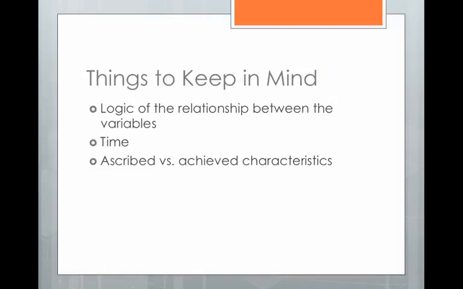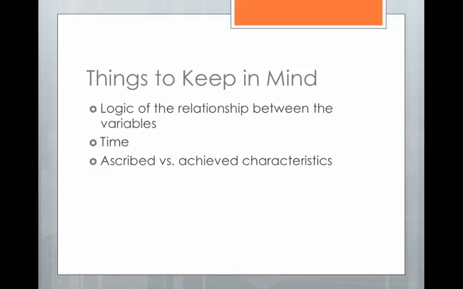And then lastly is something that we can think about: ascribed or achieved characteristics. So ascribed characteristics are those things that you're kind of born with or that have always been in existence. And achieved characteristics are those things that you achieve, that you earn. So ascribed characteristics are things like race, sex, age.